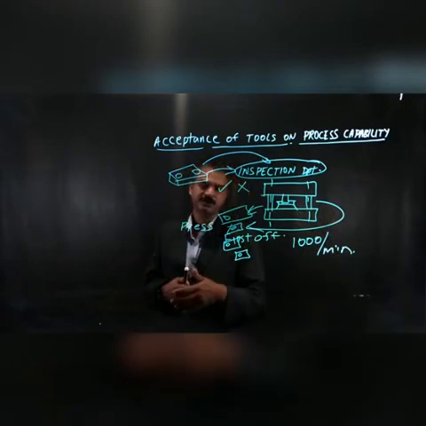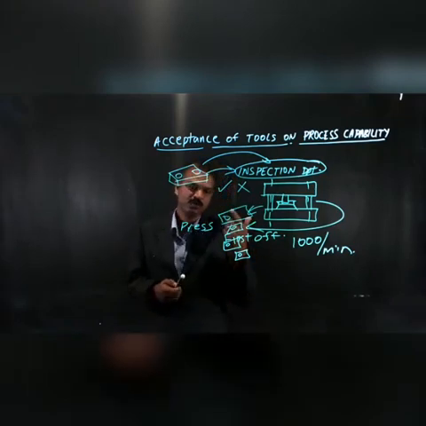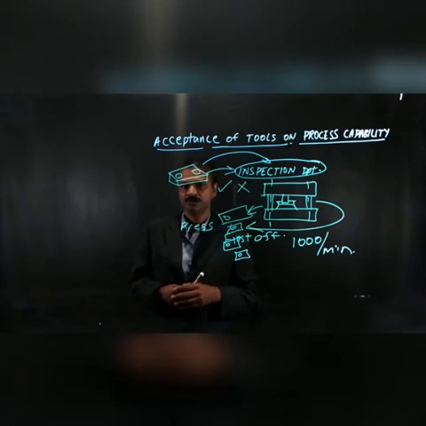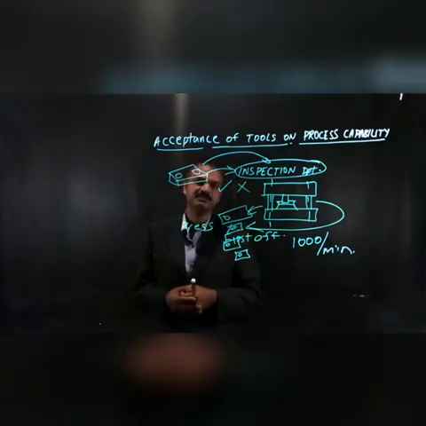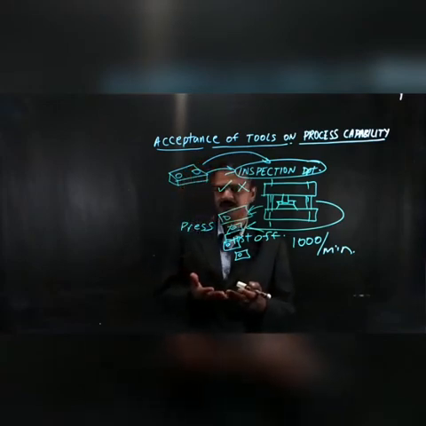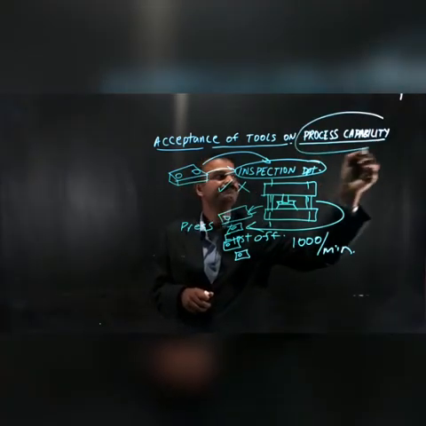On the other hand, if you are the customer, what confidence will you have to buy this part? You won't be able to measure millions of parts. That's not possible, right? So this is where this comes into the picture.